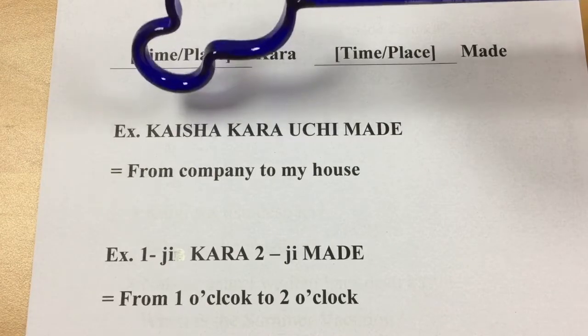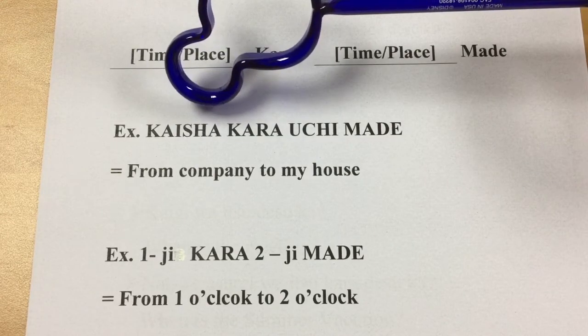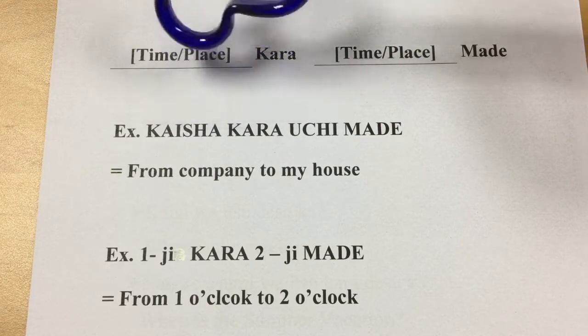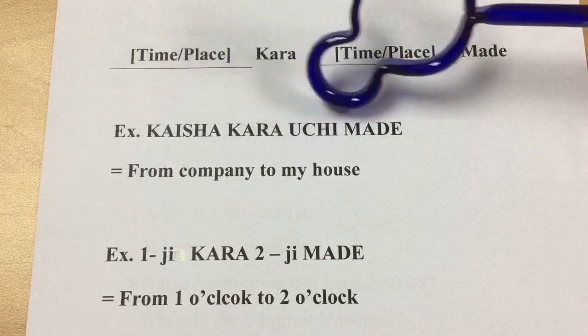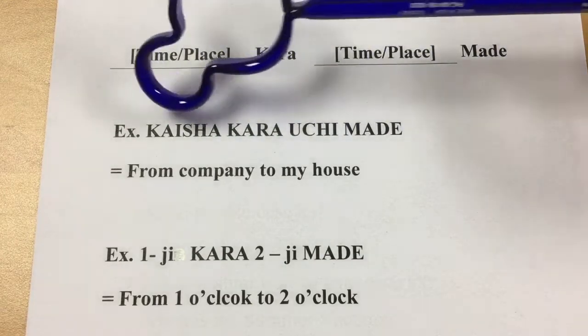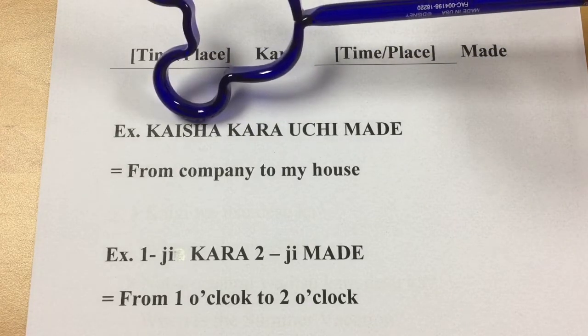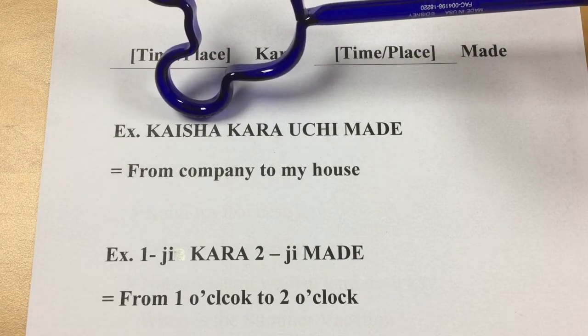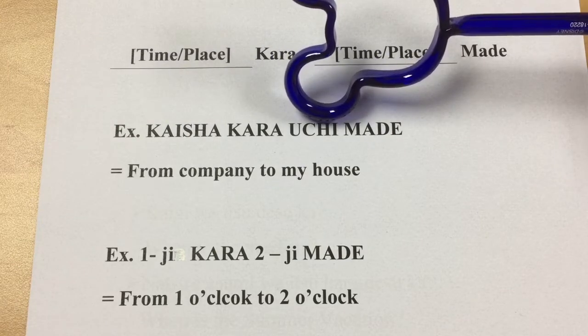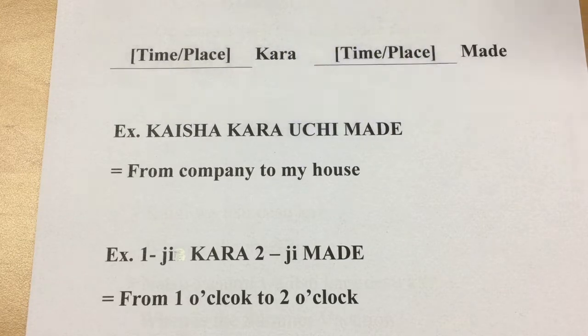Example number 1, we're going to use kara and made with the place. 会社から家まで。会社 means the company. 家 means my house.